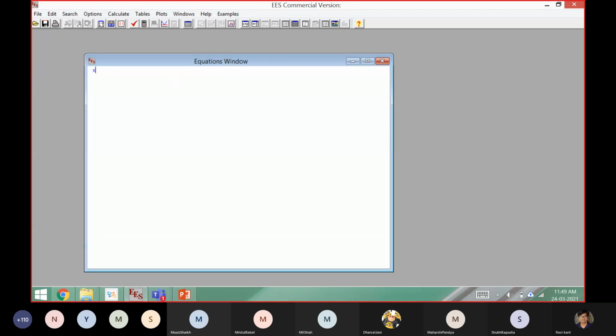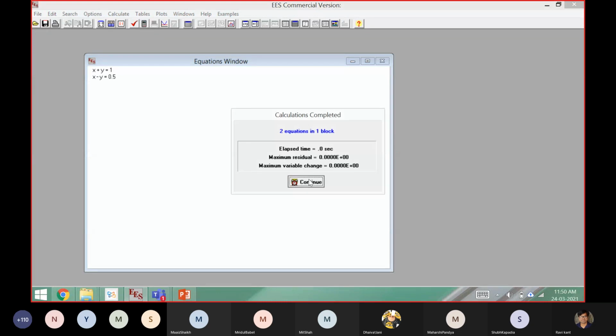I want to solve x plus y is equal to 1. So this is one equation. The next equation is x minus y is equal to 0.5. You just have to write these two equations, and then there is a solve button here and continue.